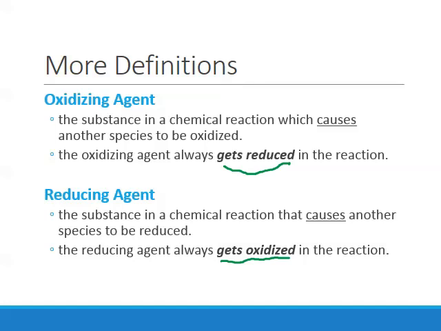So they're always going to be on the left-hand side of an equation. You can imagine a multiple choice question asking you to identify the oxidizing agent in a reaction. You would only consider things that are reactants. Anything that's a product could not be an oxidizing or reducing agent.